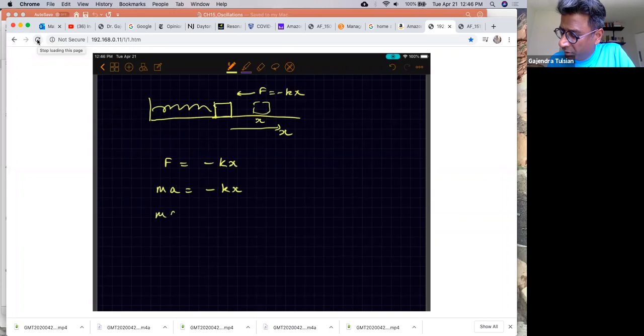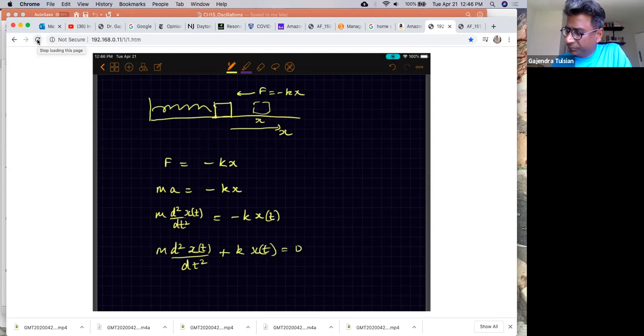Acceleration is the second time derivative of the position of this object. So we'll bring this term to the left: m d squared x by dt squared plus k x(t) is equal to 0.